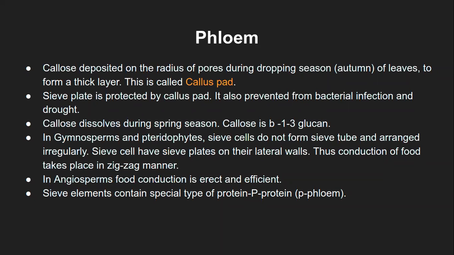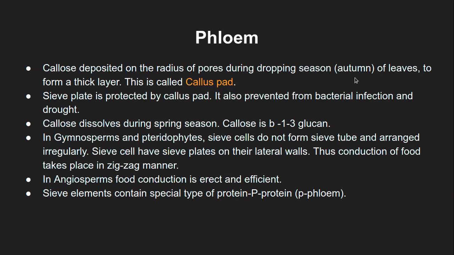And with bacterial infection, because it will not allow the transport of bacteria across the plant, these sieve plate structures, because of the callose pad present on them, will prevent the bacterial infections as well. So that is the general function of the callose pad.